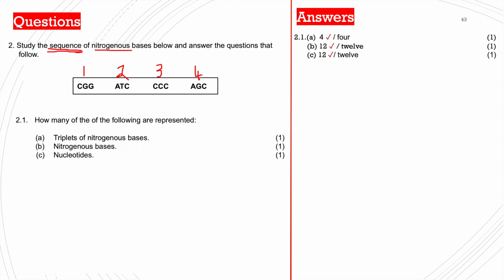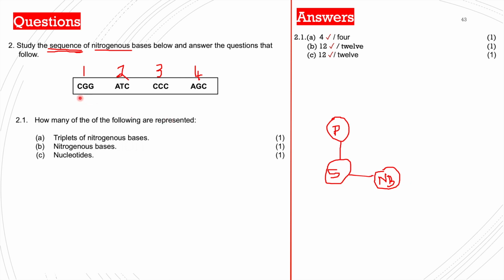But remember, one nucleotide has a phosphate group and it has a sugar portion, and then on the inside it would have a nitrogenous base. Okay, it would have a nitrogenous base. So each nucleotide has one phosphate group, one sugar portion, and one nitrogenous base.